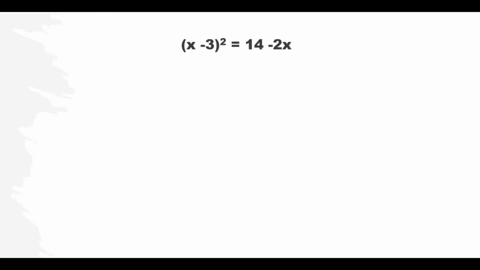After you copy the question, the first step you need to do is expand the bracket. So we will get x squared minus 6x plus 9 equals to 14 minus 2x.